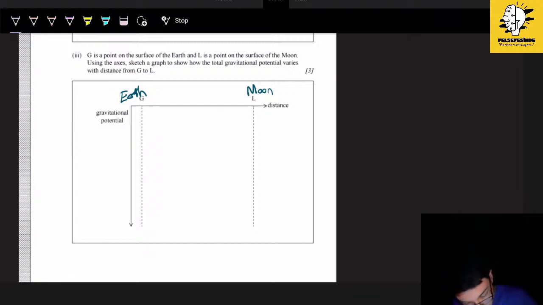So I say, always staying below 0, gravitational potential, this is 0. Let's say this will be the point where it will be equal to 0. Then I will say the gravitational field strength between those points is 0. Gravitational potential is not 0. This will be a graph like this.